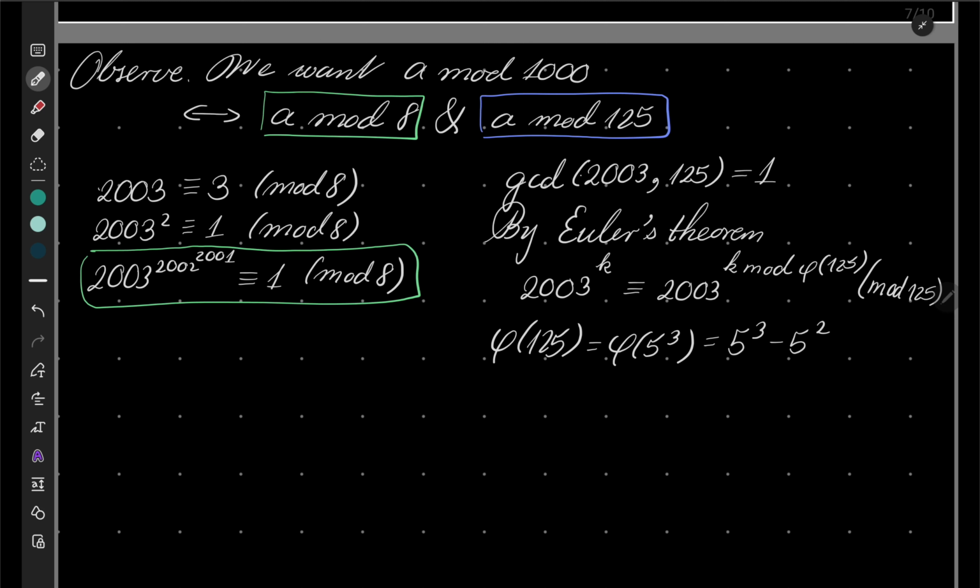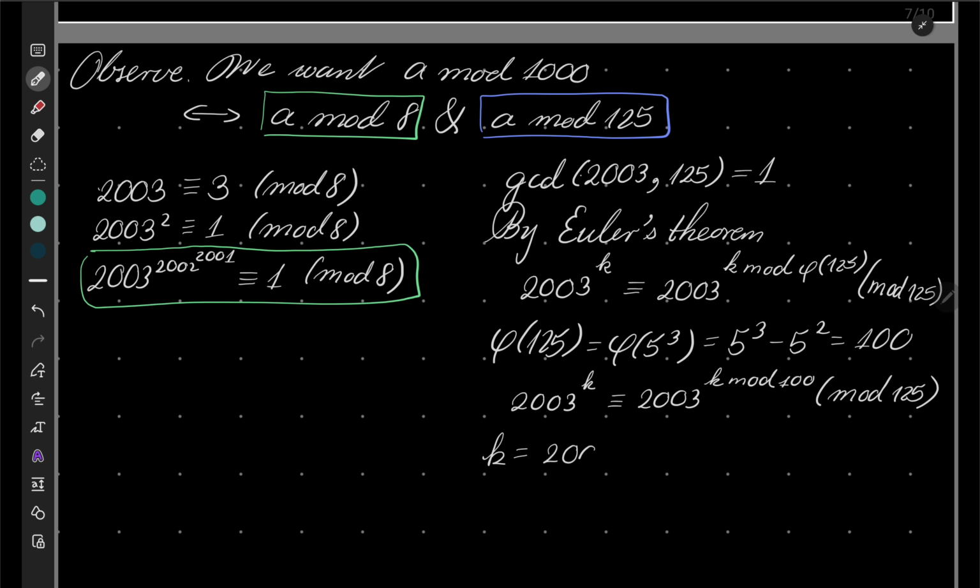We have a power with a lower exponent, so it's 100. So we already know that 2003 to any integer power k is congruent to 2003 to the power k modulo 100, modulo 125. In our case, k to consider is 2002 to the power 2001.